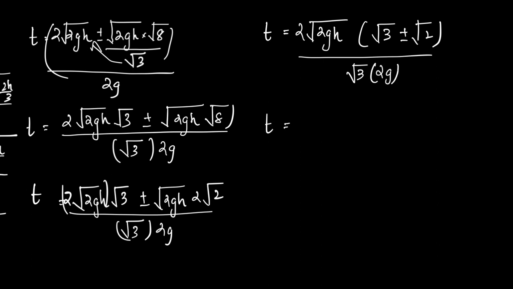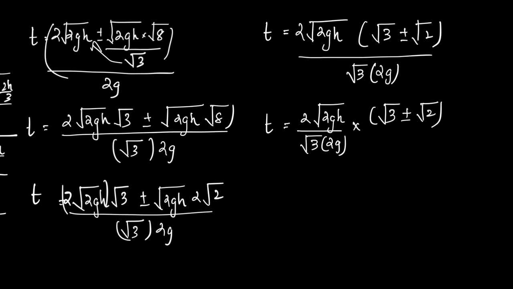So t is equal to 2 root 2 into 2gh by root 3 into 2g into root 3 plus or minus root 2.